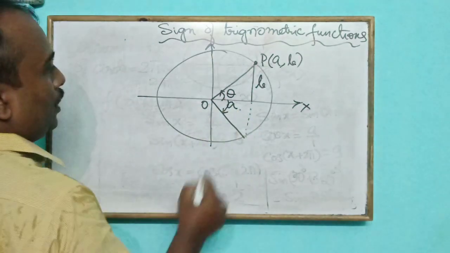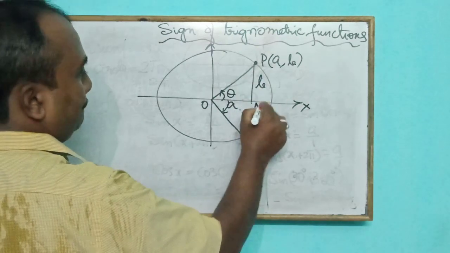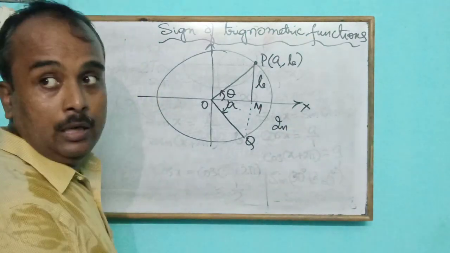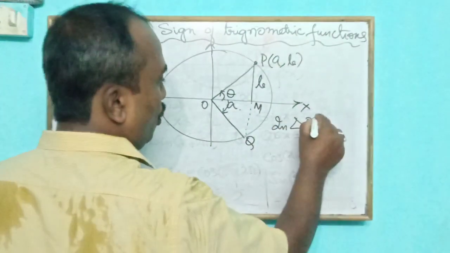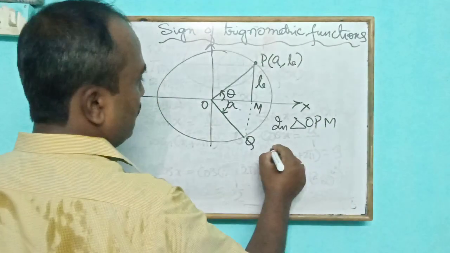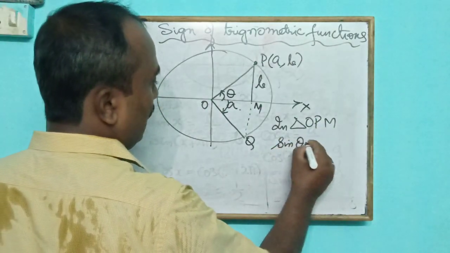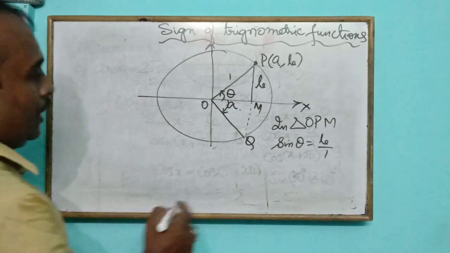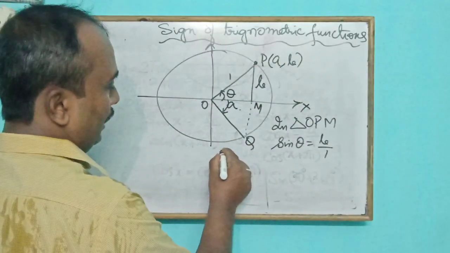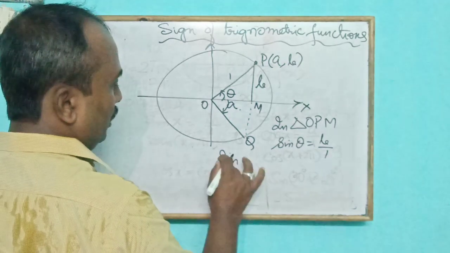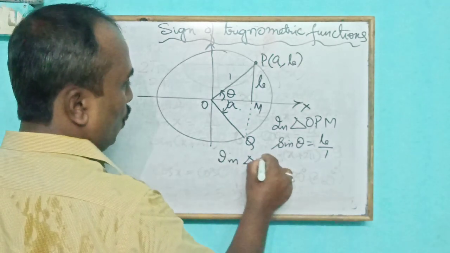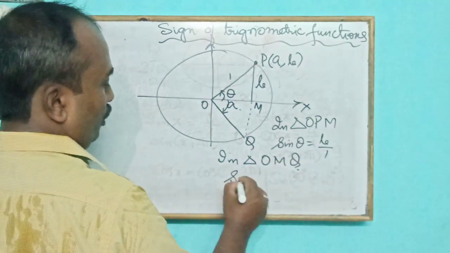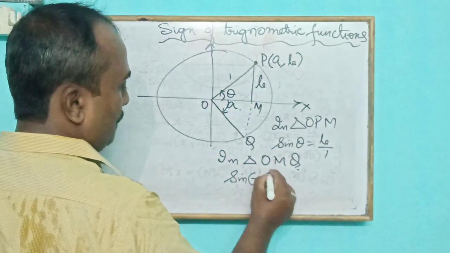So in triangle OPM, this is likely to be Q. In triangle OPM, sine theta is B by 1 because hypotenuse is 1, and in triangle OMQ, it will be sine of minus theta.